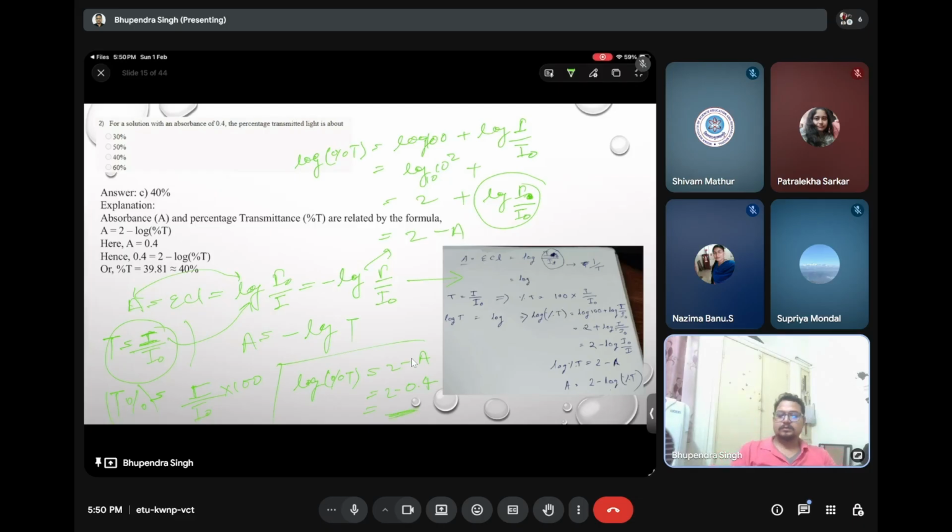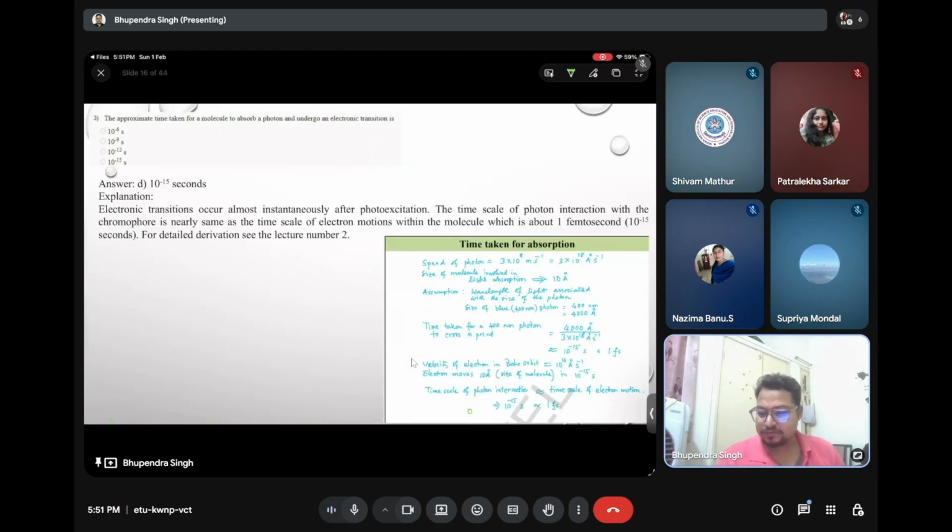Next, this will become 1.6 something. Yes, 1.6. This is log percentage T, and percentage T equals 10 to the power 1.6, which is really about 40%. Fine. This is just the calculation. Yes. Moving on to the next question.